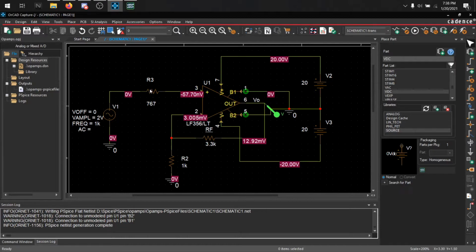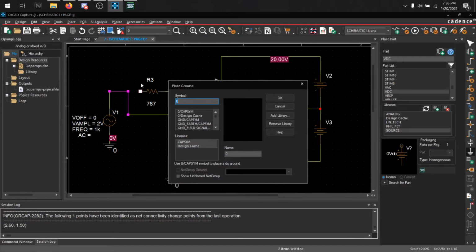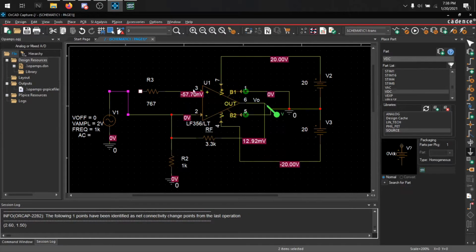And then for an inverting signal, I'll just take this from here and move it to here, and then I'll put a ground on this.